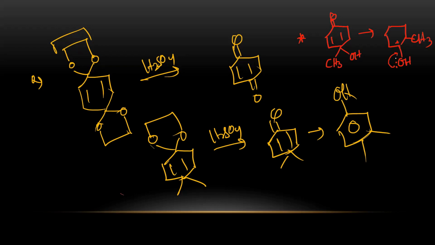That is why OH will remain there and methyl will migrate. So whenever there is a ring, just do the migration with that order N, S, O, and if there is no ring, then do like this. Consider the carbocation stability.